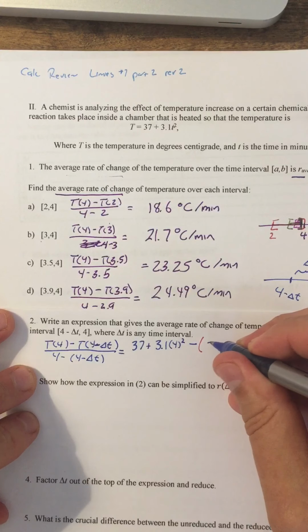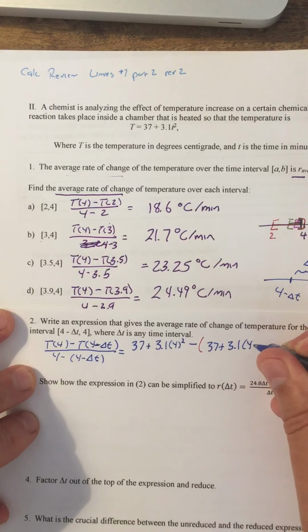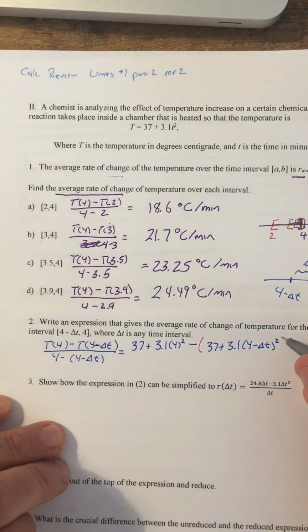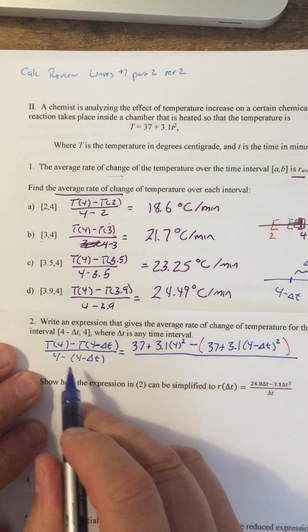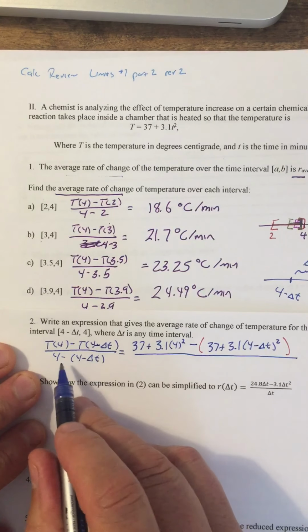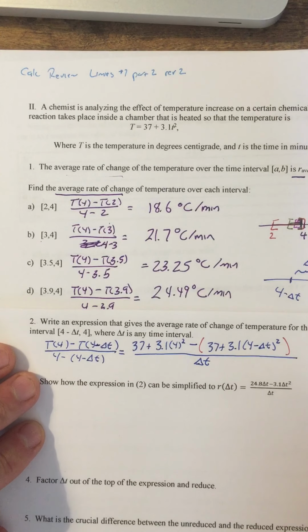So then I have here 37 plus 3.1 times 4 minus delta t squared. All right, so that's my numerator. Now in the denominator, 4 minus 4 cancels out, and I just have positive delta t. So my denominator is just delta t.